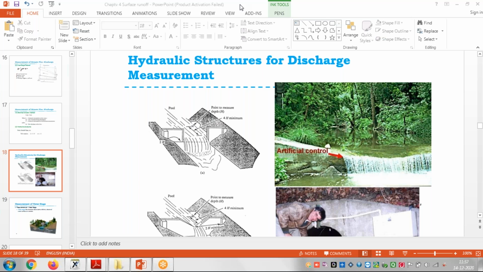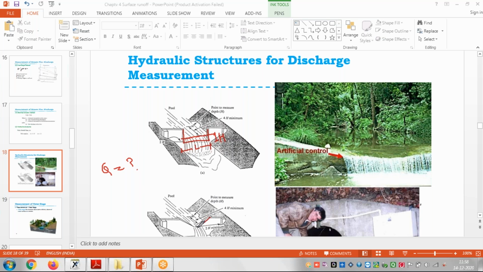If you observe, this is rectangular, this one and this one. If we know the length of this weir, and suppose the height of water is up to here, this is H, the height of water. Then we can calculate how much quantity of water is flowing through this channel.